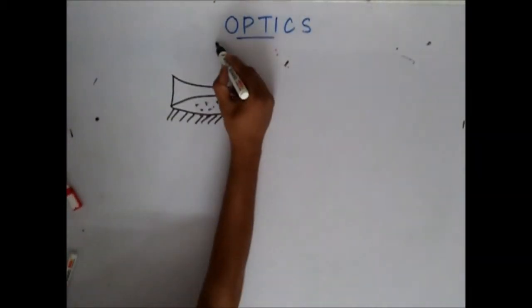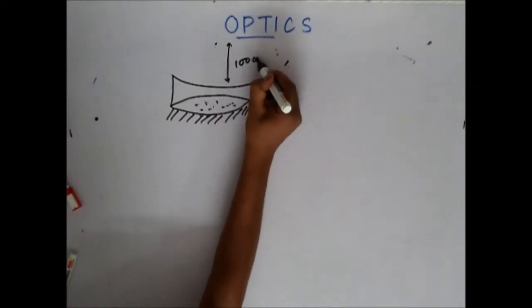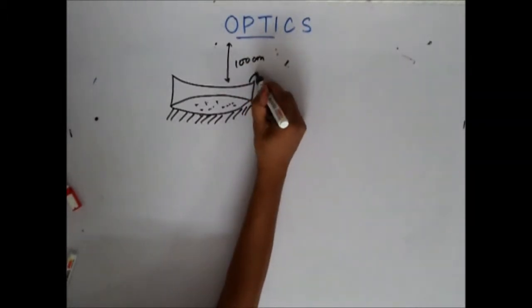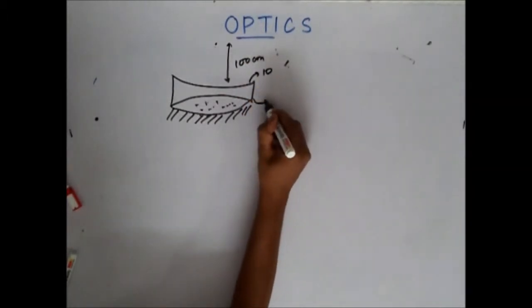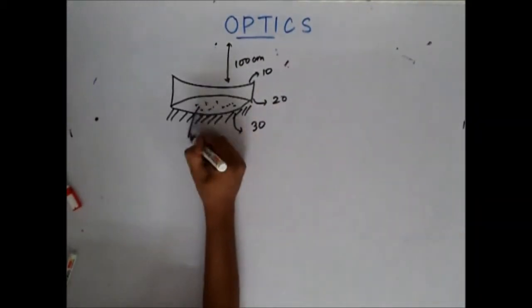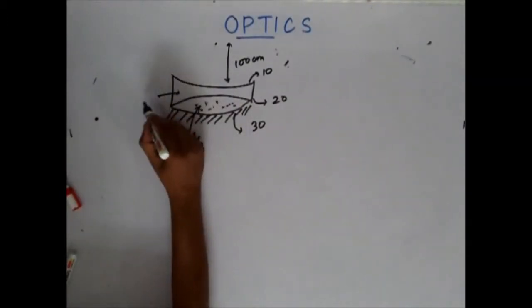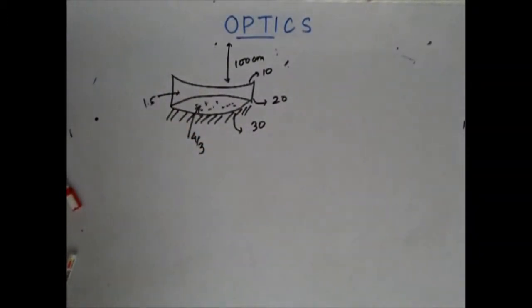Okay, the object is placed here at a distance of 100 centimeter. This radius is given as 10, this radius is given as 20, this radius is given as 30. Mu of this medium is given as 4 by 3, mu of this medium is given as 1.5. Okay, so the question is again very simple: find the location of the final image.